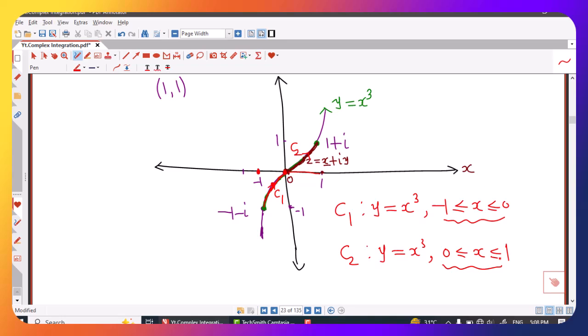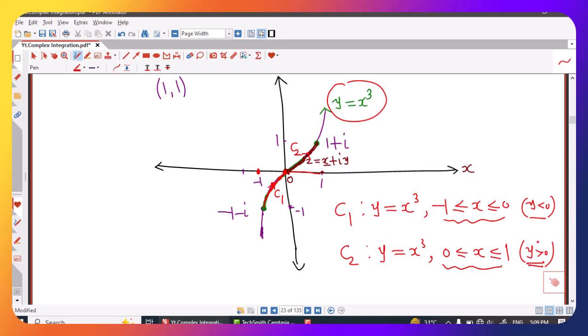Now why are we dividing this same curve into two parts? Because along C1 the value of y is going to be negative, and along C2 y is positive. So whenever y is negative, we have a different f of z.